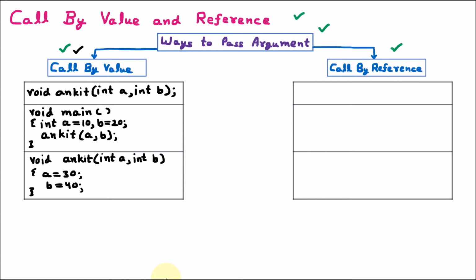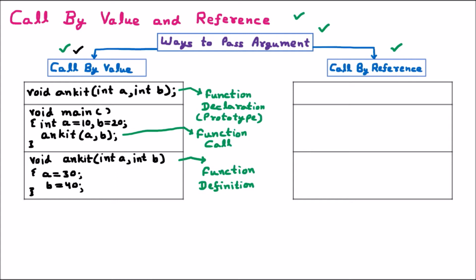We know that this area is called the function definition. The line where we call that function is called the function calling or function call. And on the top, we declare the function, which is called function declaration or prototype.